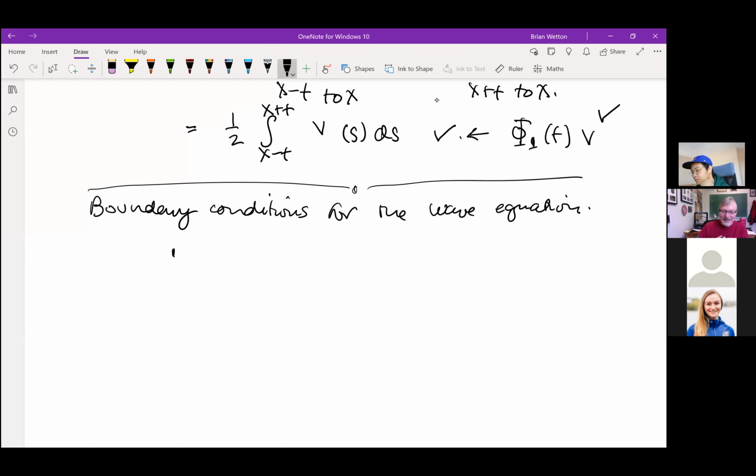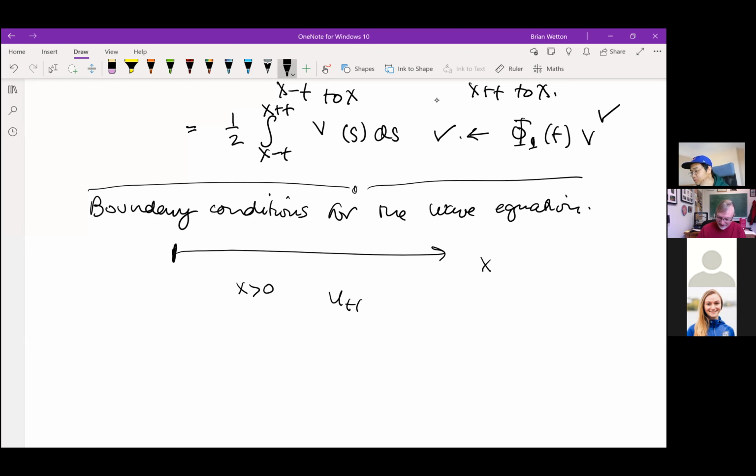Okay, so we had the Cauchy problem, no boundary conditions. Let's put in one boundary condition. Let's start small, right? So now I'm going to be interested in the wave equation, not for all x, but for x bigger than 0.